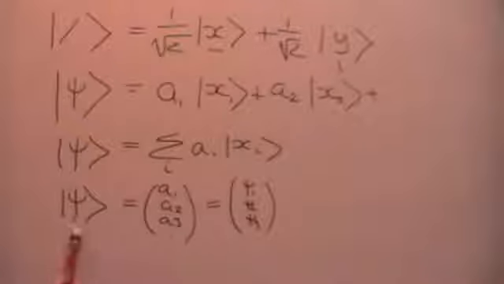You can tell the difference because if psi is in the Dirac notation as a ket vector, then it's obviously the eigenvector. If it is in this kind of form, then it is simply representing the probability amplitudes.